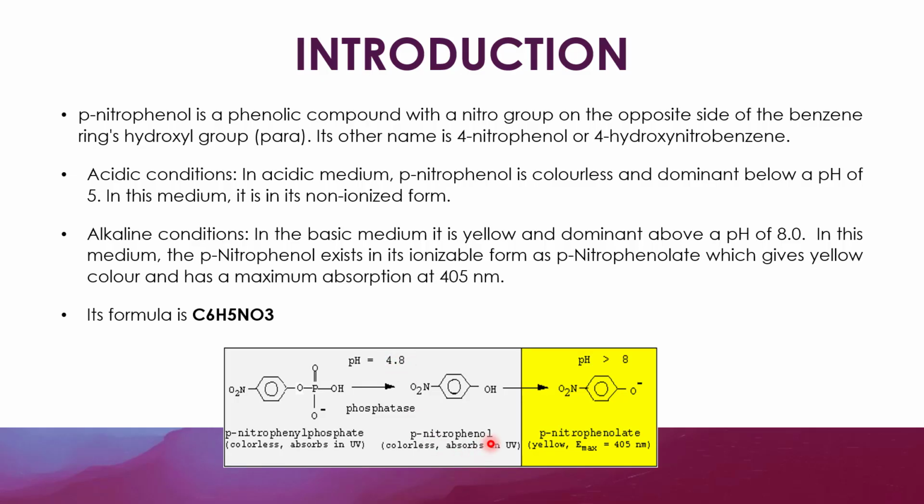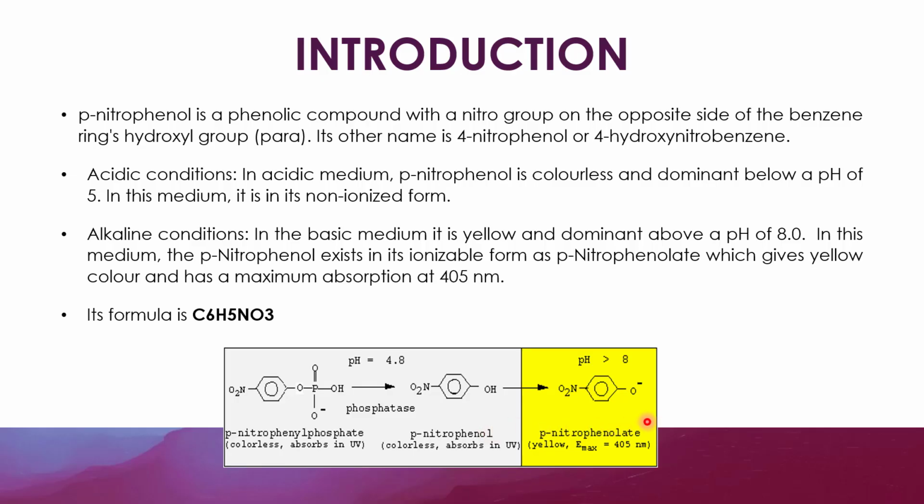What we also have to note is that in this acidic medium, the p-nitrophenol hydrolyzed from the p-nitrophenol phosphate is colorless, because as said earlier, in an acidic medium, p-nitrophenol is colorless.